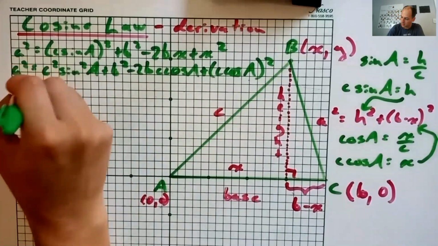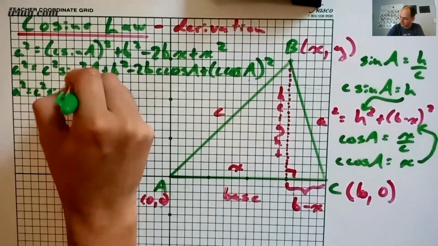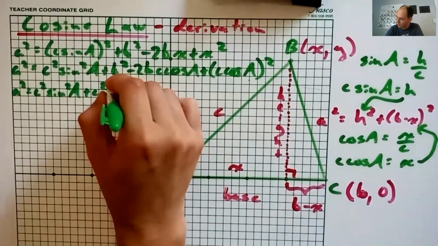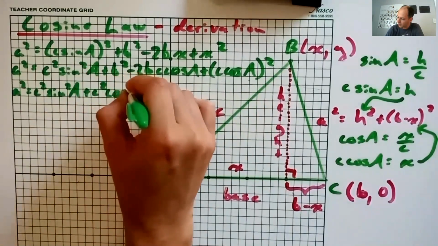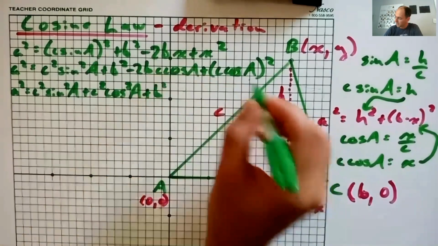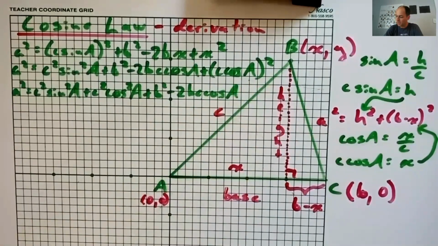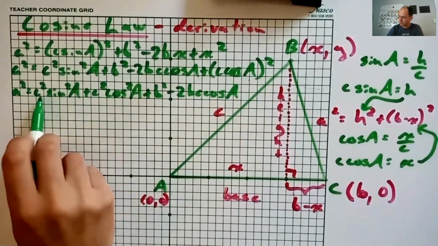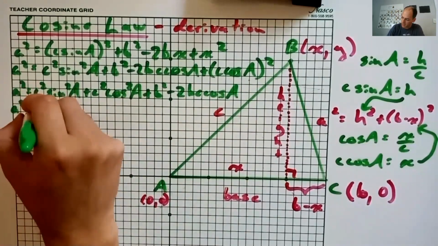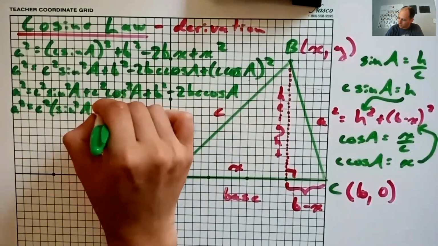So a squared is equal to c squared sin squared A, and then squaring out c cos A, here we have plus c squared cos squared A. We still have our b squared, and we still have our minus 2bc cos A. If we factor out the c squareds from these first two terms, we're going to end up with the Pythagorean identity, sin squared A plus cos squared A.